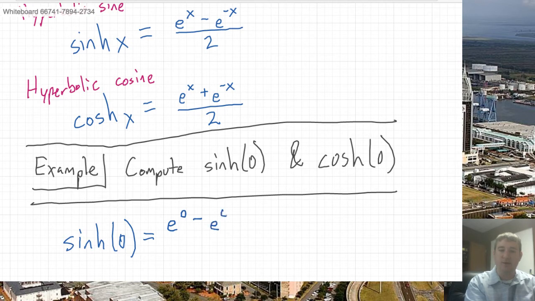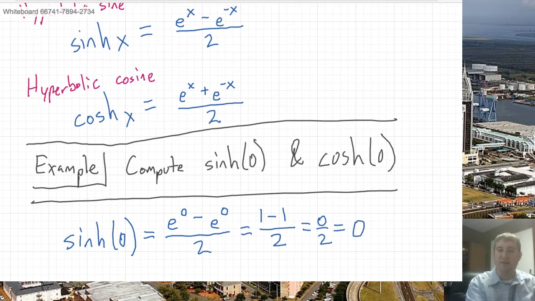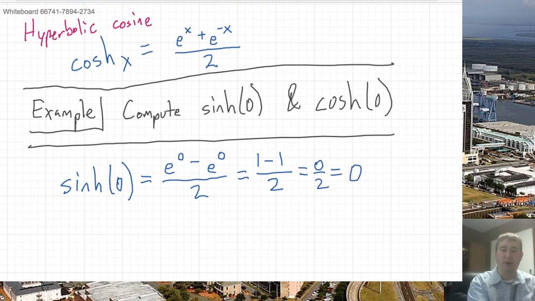So negative 0 is just plain old 0, all divided by 2. And, well, what's e to the 0? The exponential function at 0 is just the 0 power. That's 1. So 1 minus 1 over 2, that's 0 over 2. Okay, and hey, that's nice. The sine of 0 is 0. The hyperbolic sine of 0 is also 0.